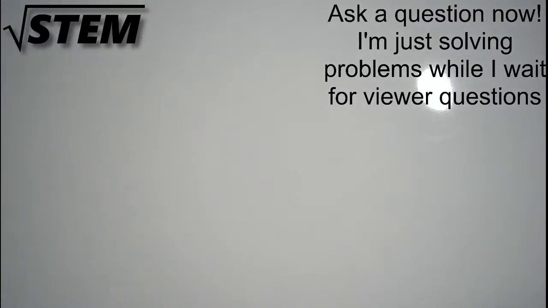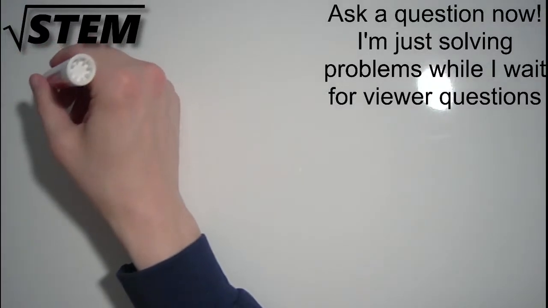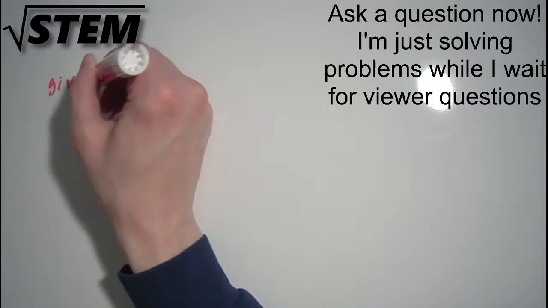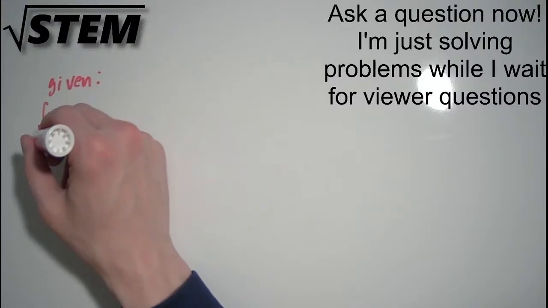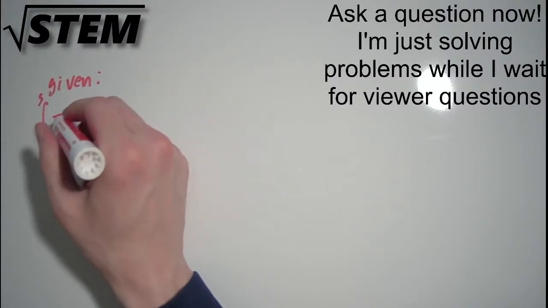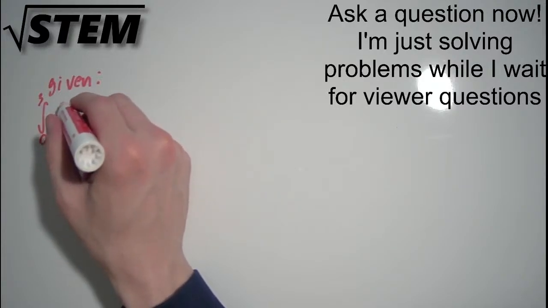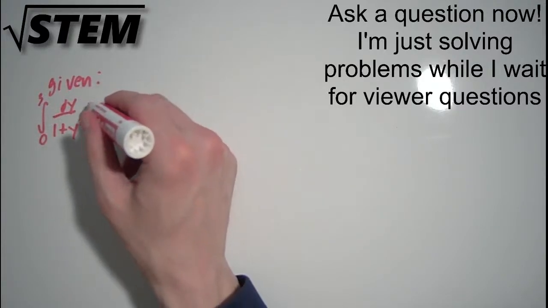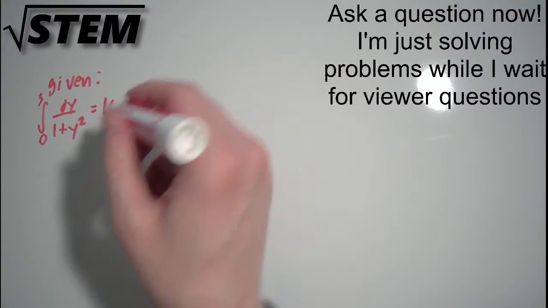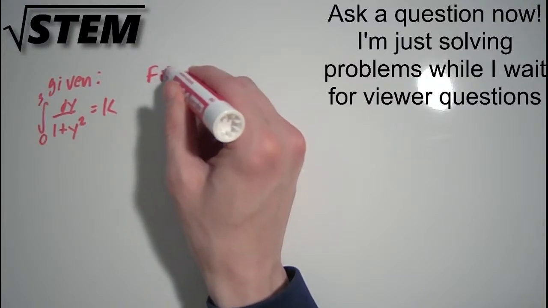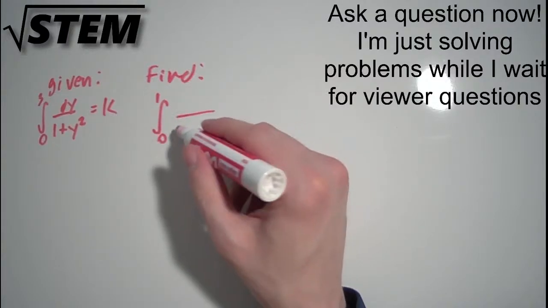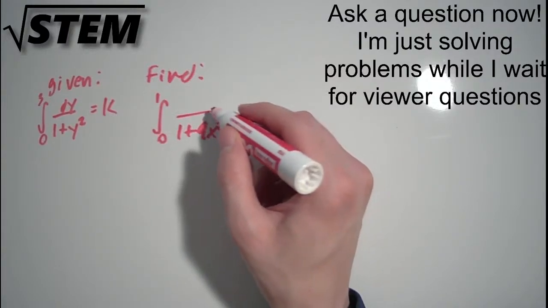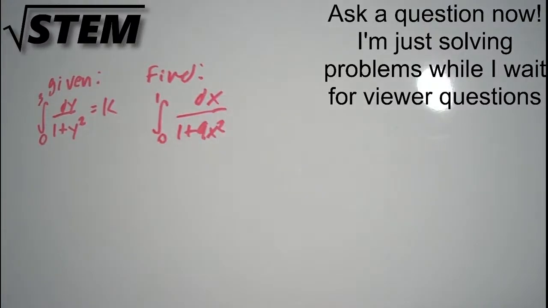Try another one like that. So given that the integral from 0 to 3 of 1 over 1 plus y squared on the bottom equals some constant k, find integral from 0 to 1 of 1 over 1 plus 9x squared on the bottom dx on the top.